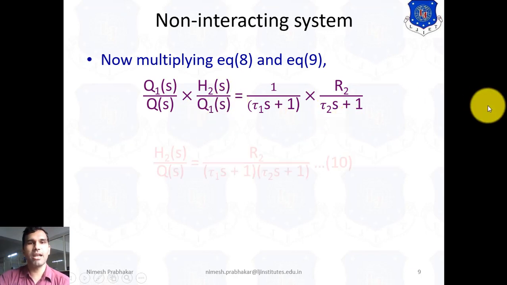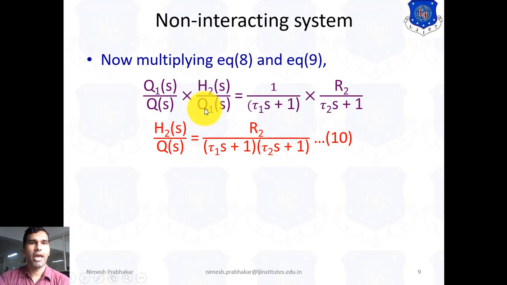So finally we get H2s upon Qs. This is our aim, to find the transfer function H2s upon Qs, which is nothing but R2 upon (tau 1 s plus 1)(tau 2 s plus 1). So this is the transfer function of the non-interacting system.